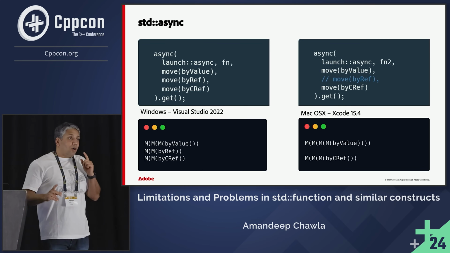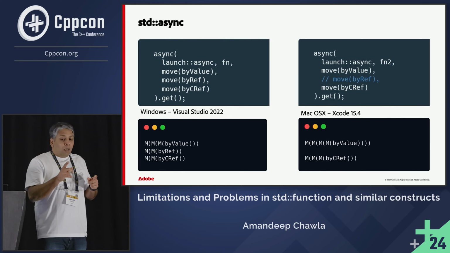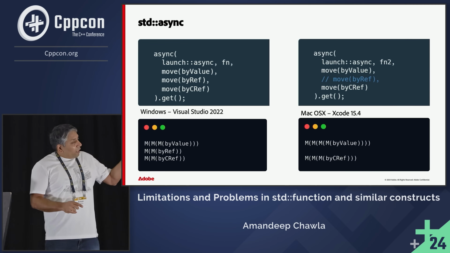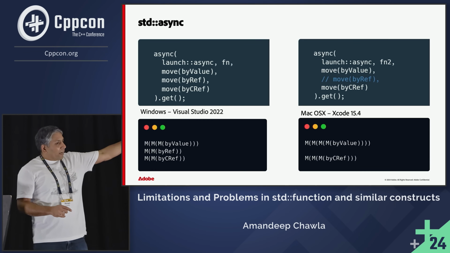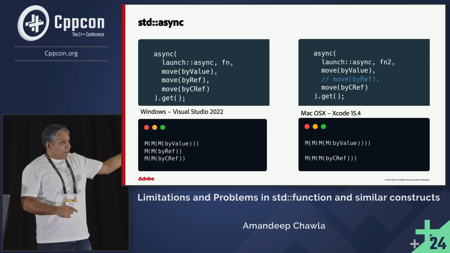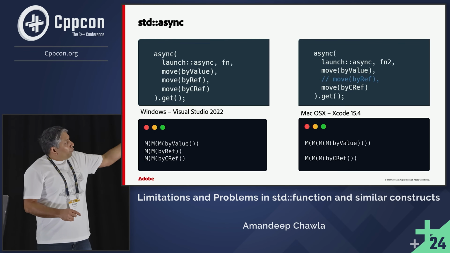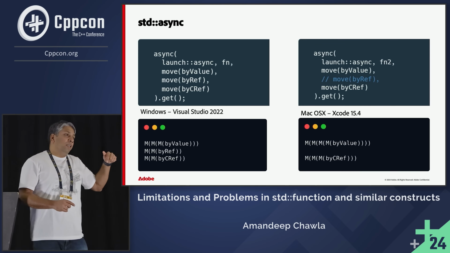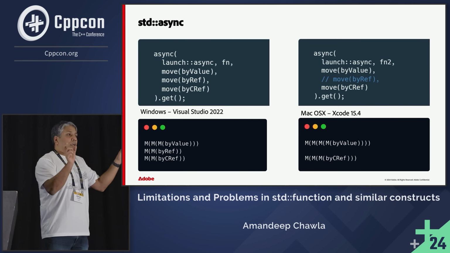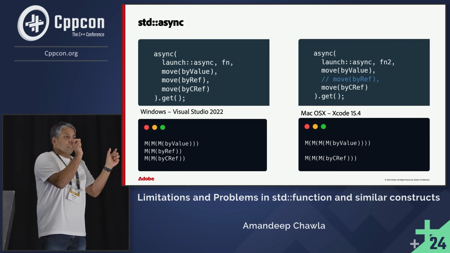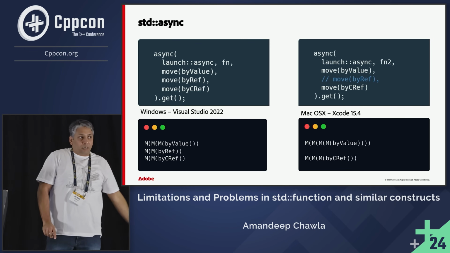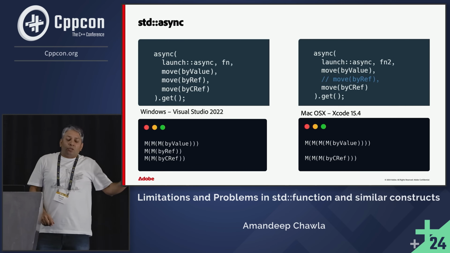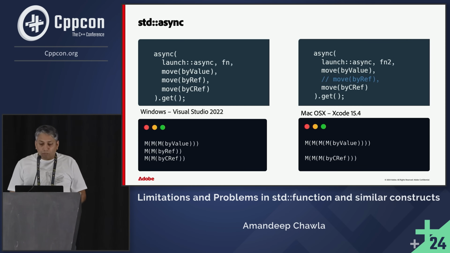In Clang, because it adheres to the actual standard, I will not be able to call fun on that rather than fun2. Why? Because I am moving by reference, so it has an R value reference. But if you see the signature of fun, it is an L value reference, so it can't match an R value reference against an L value reference. But Visual Studio does allow this non-standard extension in their code base, but it should not actually be the right way to do it.